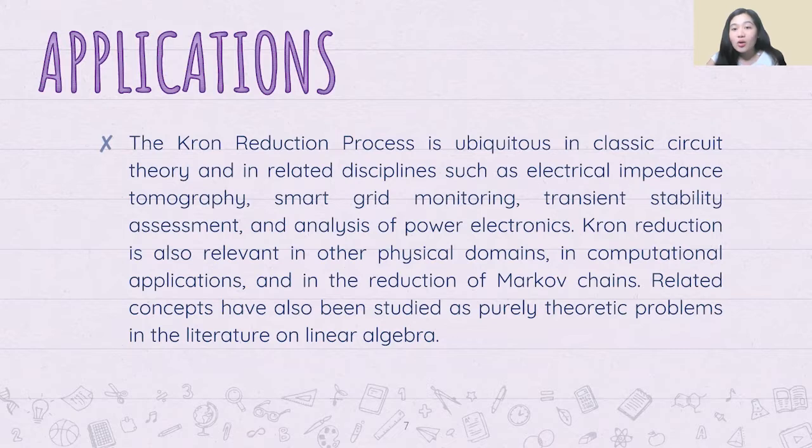EIT, or electrical impedance tomography, is a non-invasive type of medical imaging in which the electrical conductivity, permittivity, and impedance of the body are inferred from surface electrode measurements, used to come up with a tomography image of a certain part of the body.